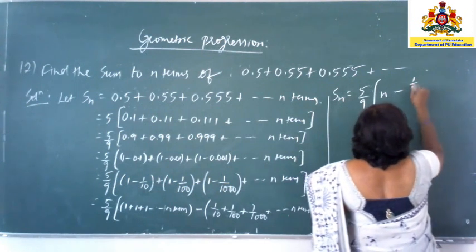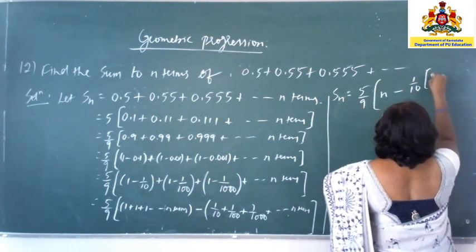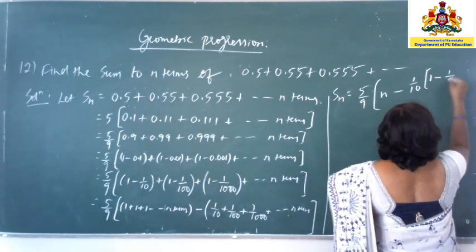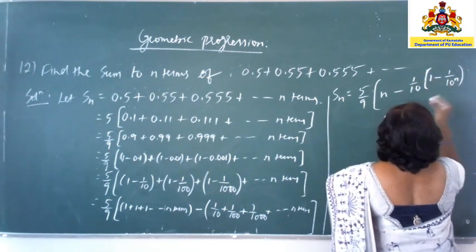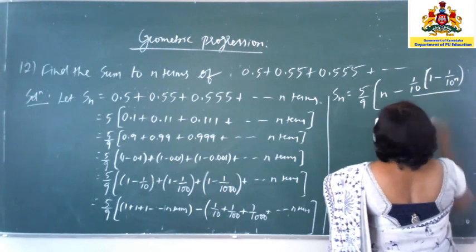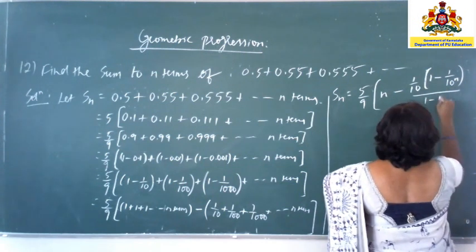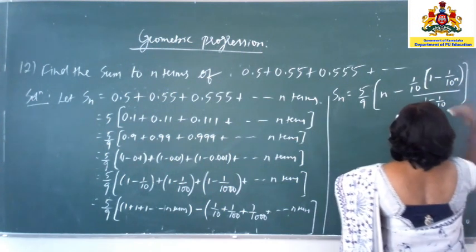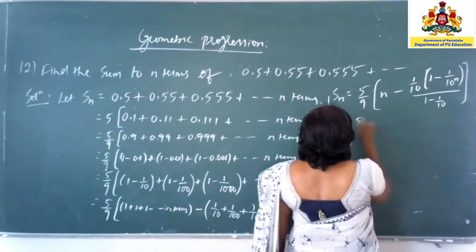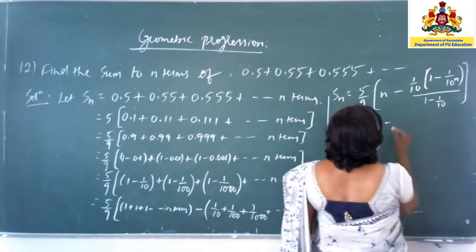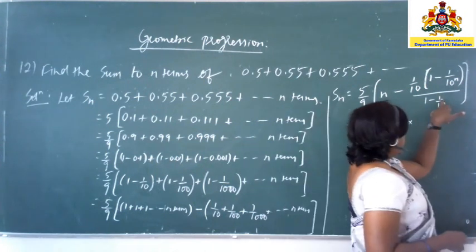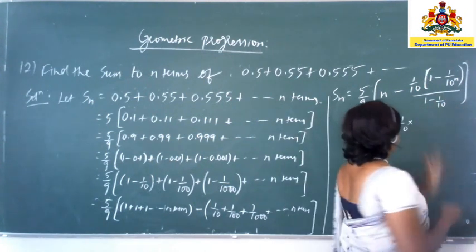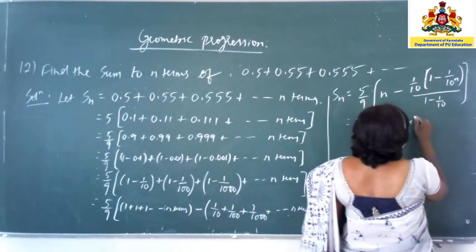So 1 by 10 into 1 minus 1 by 10 to the power of n divided by 1 minus r. So 1 minus 1 by 10. So that is equal to 5 by 9 into n minus 1 by 10 into, so 10 minus 1, so 9 by 10, I can write it as 10 by 9.